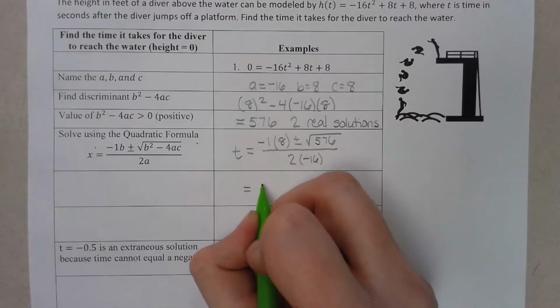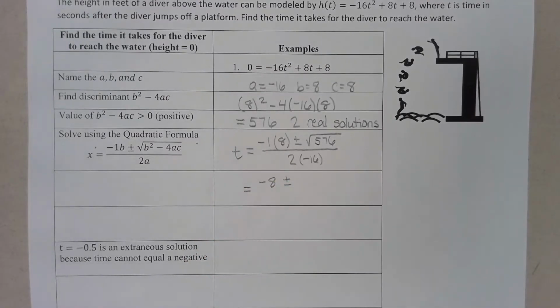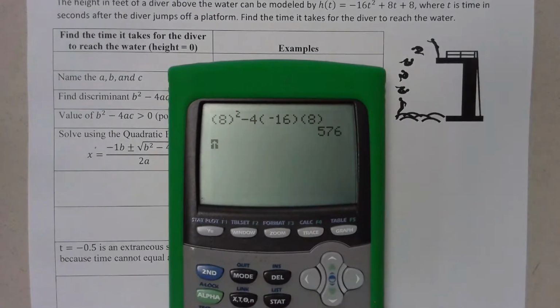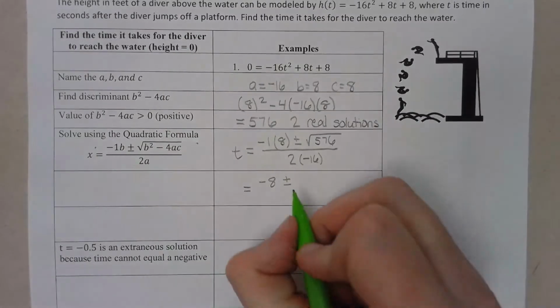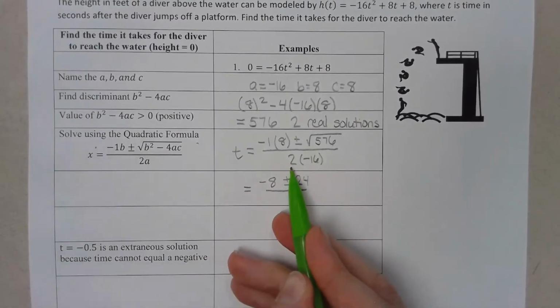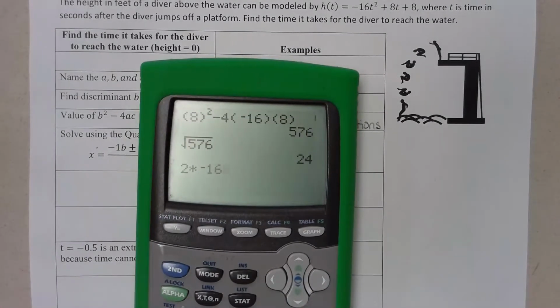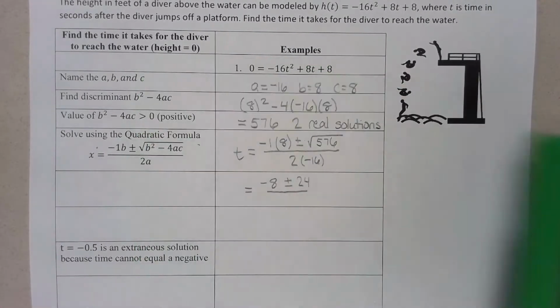So negative times positive is a negative 8. Plus or minus, we'll need to take the square root of 576. I hope that's a perfect square. It is. So the square root of 576 gives us 24, over 2 times negative 16, which gives us a negative 32.